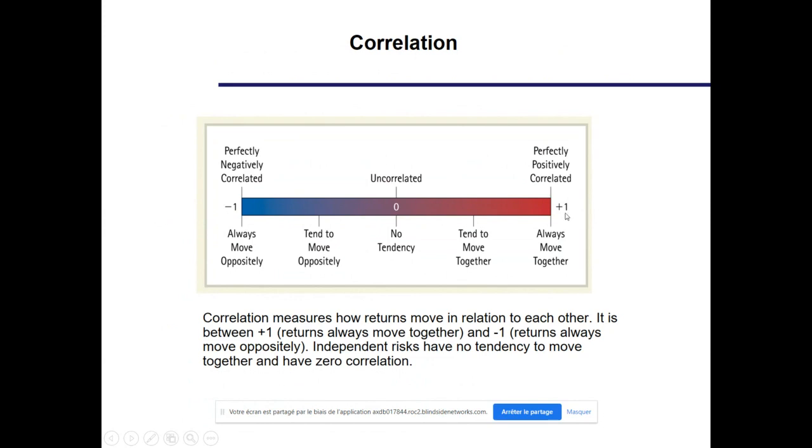If they are perfectly negatively correlated, they always move oppositely, and the correlation is -1. It lies between -1 and +1. If it's 0, they are independent, with no tendency to move together. Between 0 and +1 they tend to move together, and between 0 and -1 they tend to move oppositely.